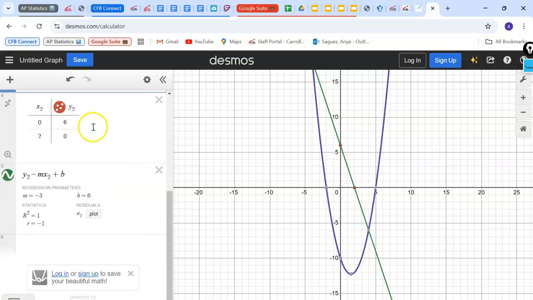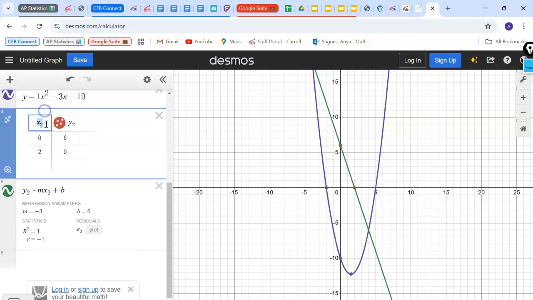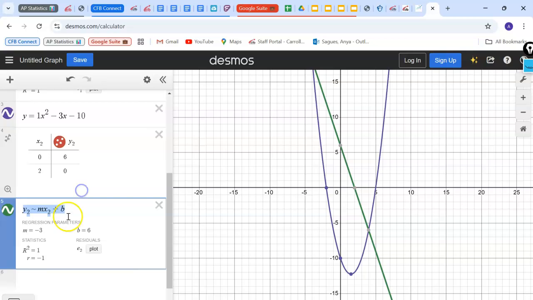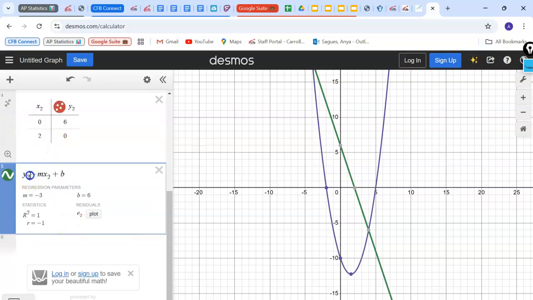Then I created another table with the points for the linear one. Now, pay attention. It did make it x with a little 2 and y with a little 2. So I am using that same regression equation that I wrote down. I'm just making sure that it matches the stuff that I see in the table, that it's y2 and x with a little 2 instead.